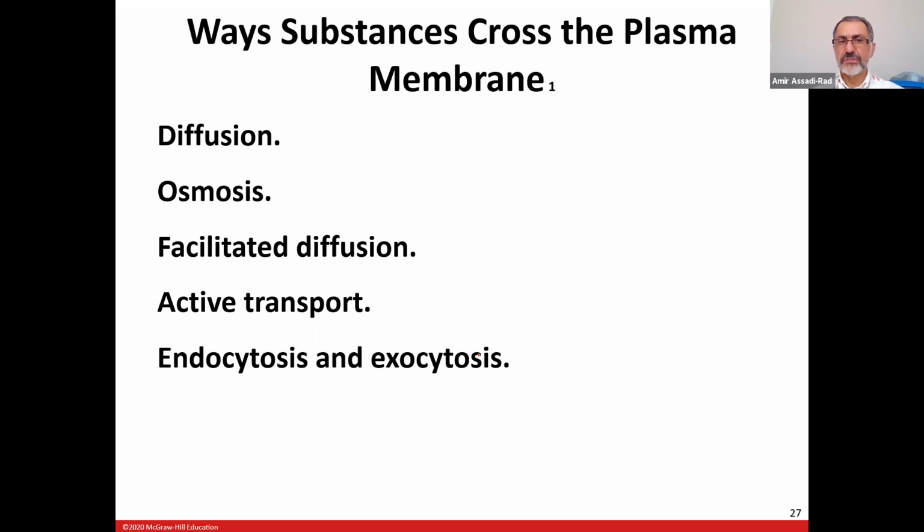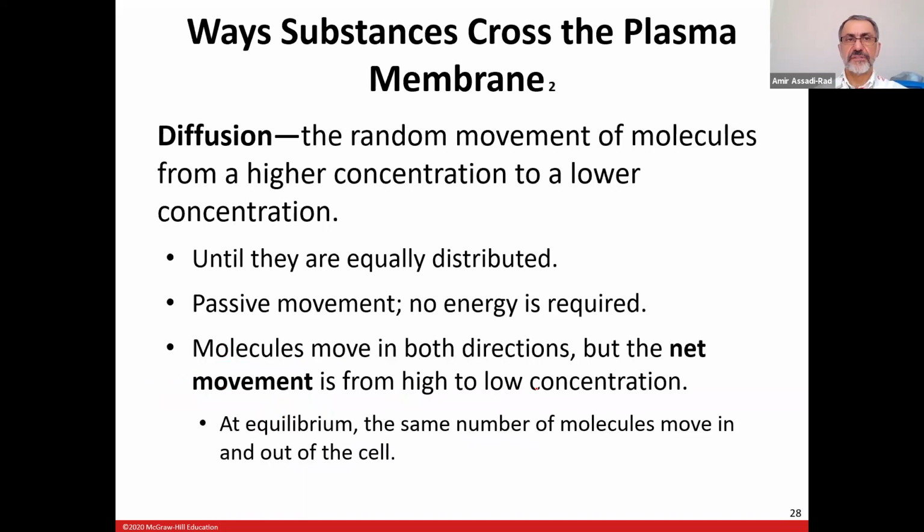That is called endocytosis, getting inside of the cell, and exocytosis, getting outside of the cell. Endo means inside. Cytosis means cell. Exo means outside, getting out of the cell. And cytosis, of course, means cell.